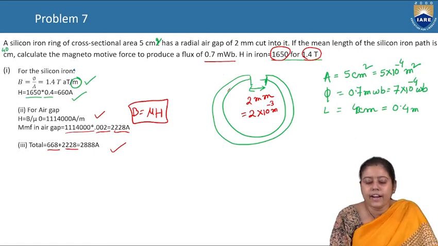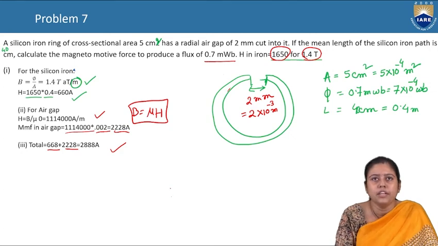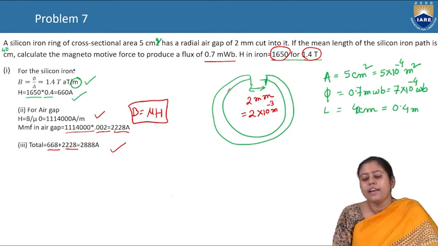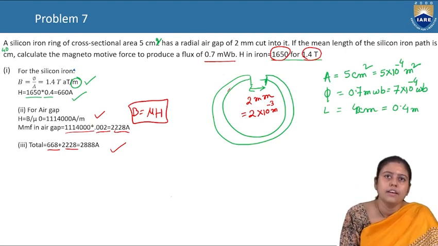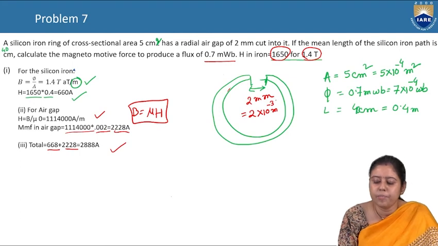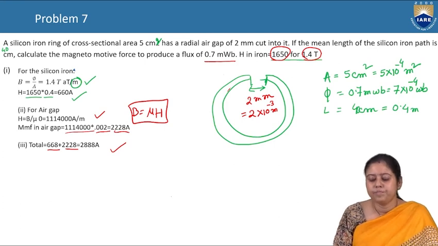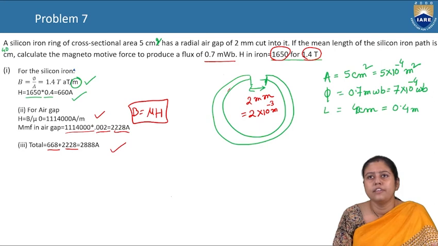If we take the length of 40 centimeter or 0.4 meter, we get 660 ampere. Now we are cutting a small radial distance here. The radial distance is 2 millimeter, and we get the total value of the MMF of this ring.